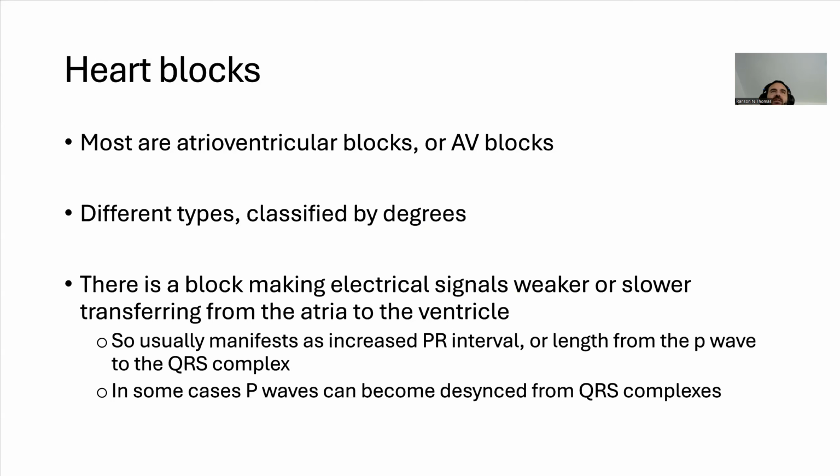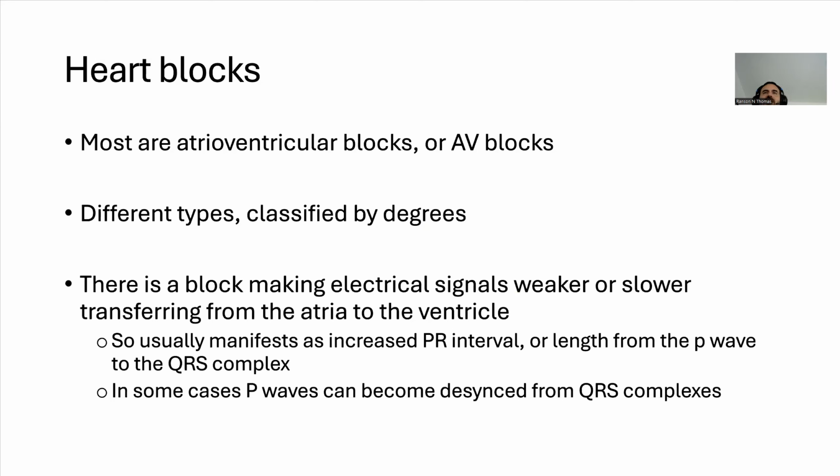The blocks can be in different places, but most are atrioventricular blocks, or what we call AV blocks, meaning that they happen at the conduction point of the atrioventricular node. There are also different types, and we classify them by degree. So there's first degree, second degree, third degree. The way to think about that is the higher the degree, the more of a block there is between those signals. And I'm going to show you examples on the next slide.